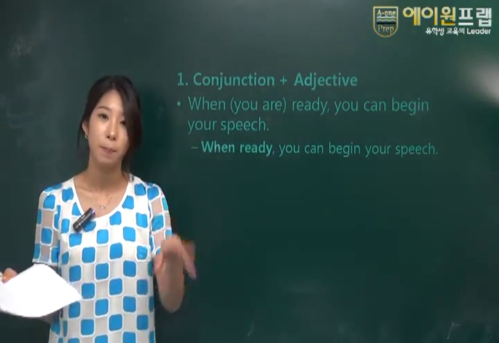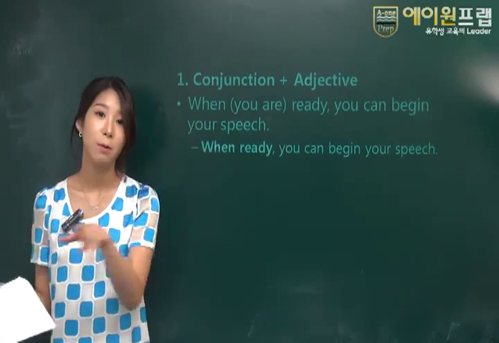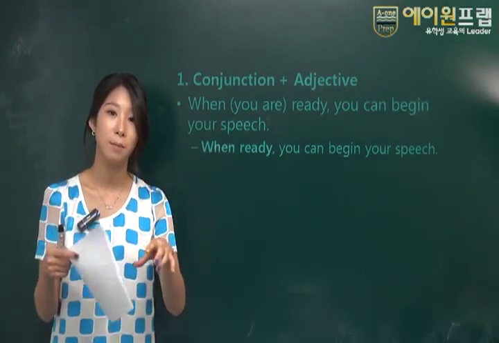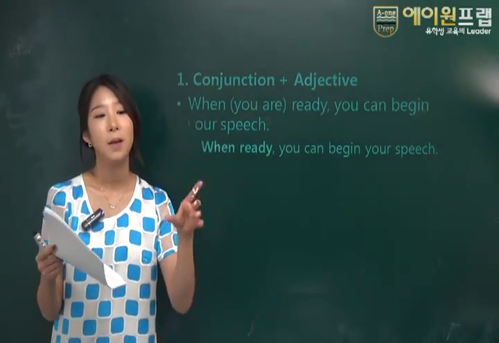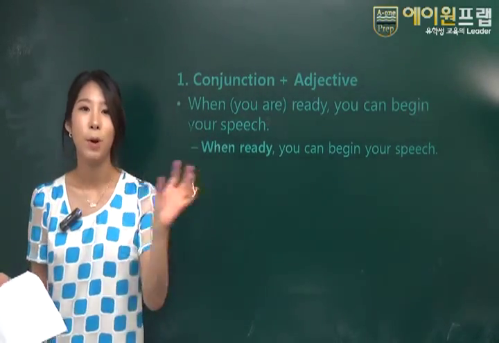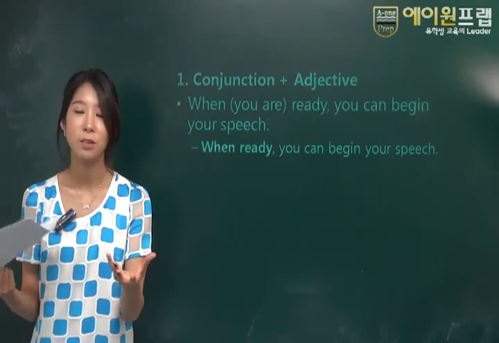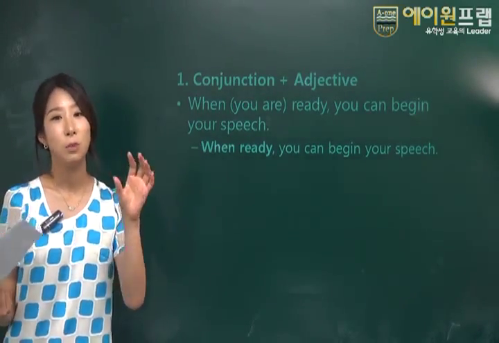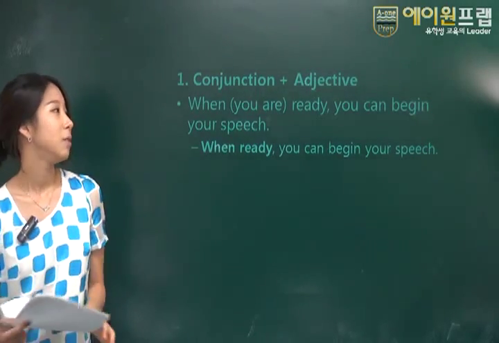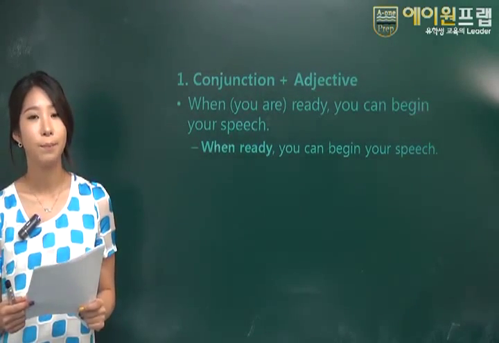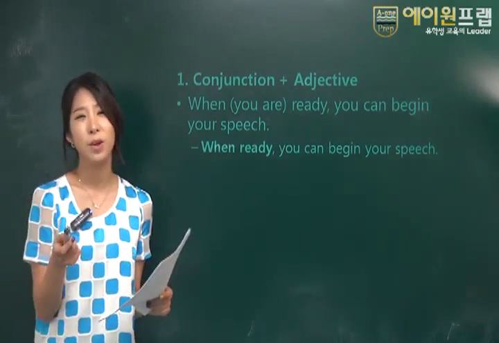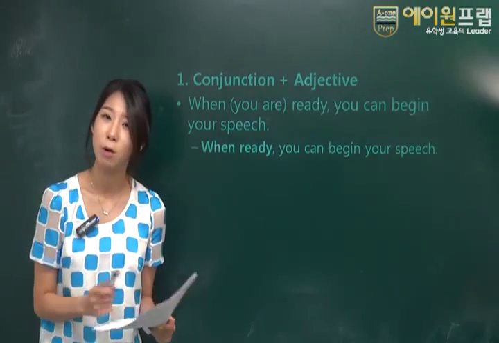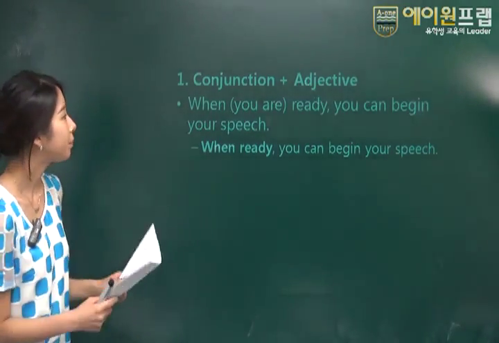For example, both A and B. So both and "and" are conjunctions, and they always appear in pairs. It can't be both A or B, or both A or some other preposition B. It always has to be both A and B. So that's a relative conjunction. Also, whether A or B, not only A but also B, they're all conjunctions.